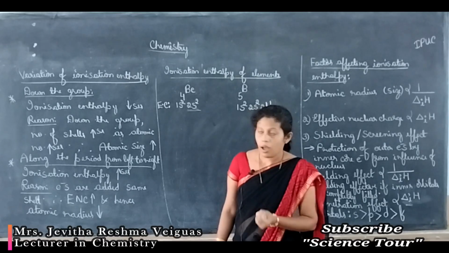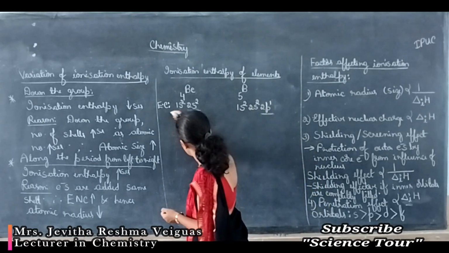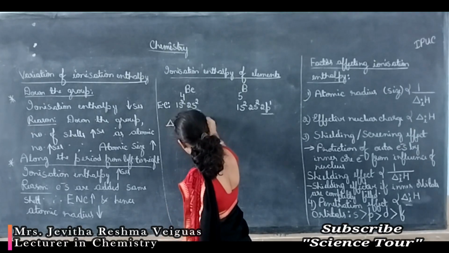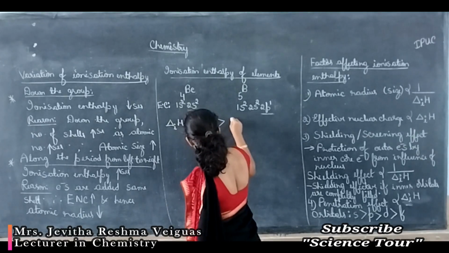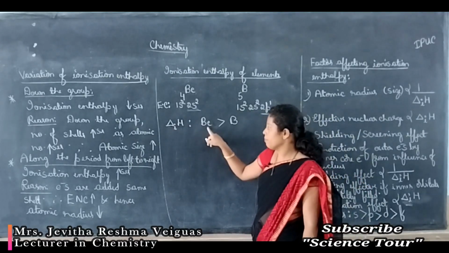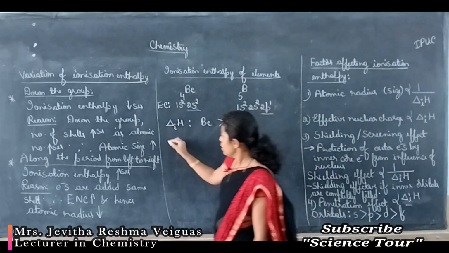So ionization enthalpy of beryllium is greater than that of boron. Ionization enthalpy of beryllium is greater than boron.